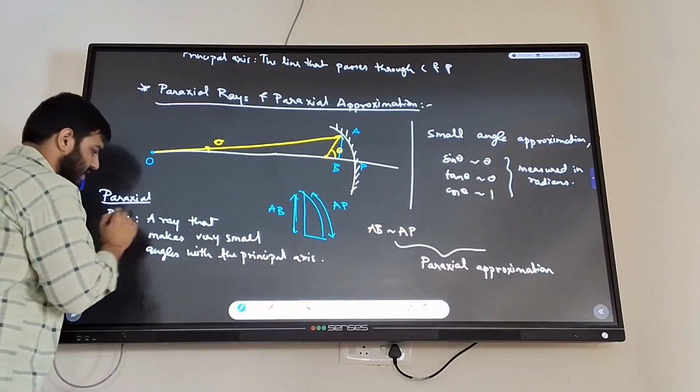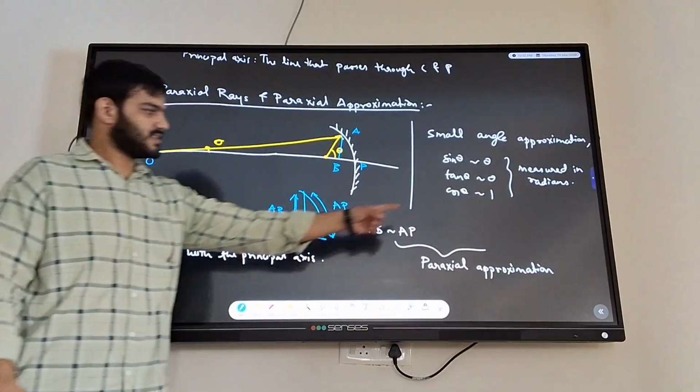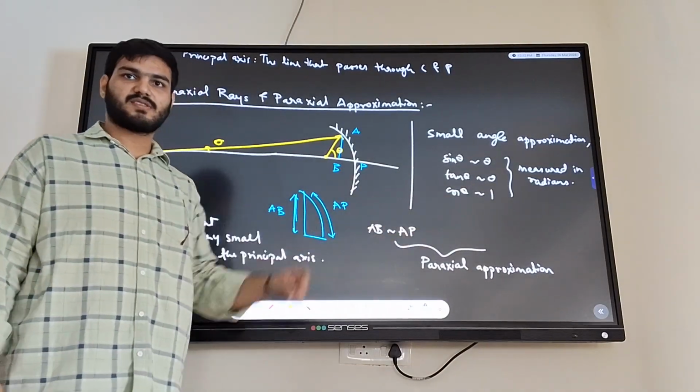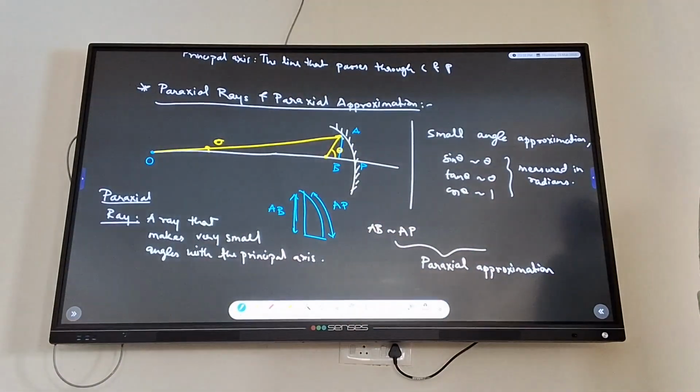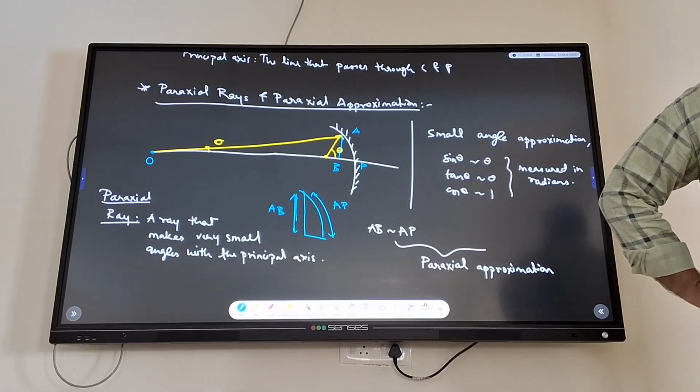Those are paraxial rays. And this approximation that I have written is called the paraxial approximation. I will keep on using it throughout ray optics. Please remember why I am doing it. Okay?